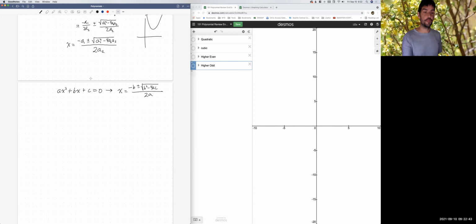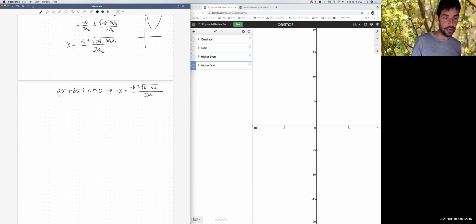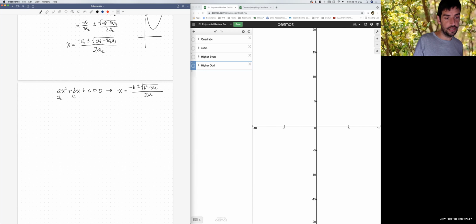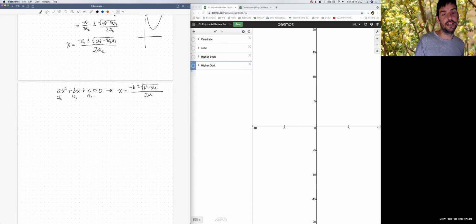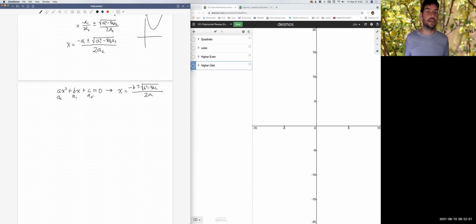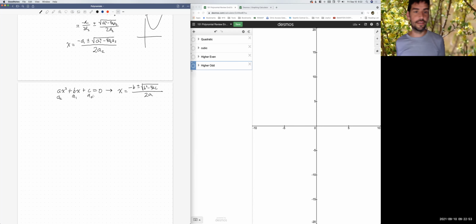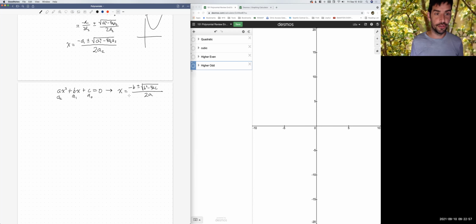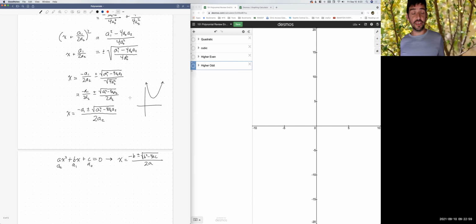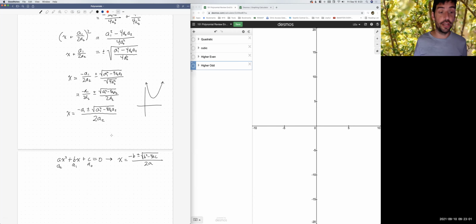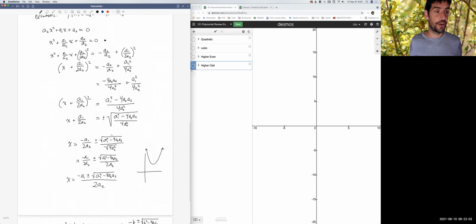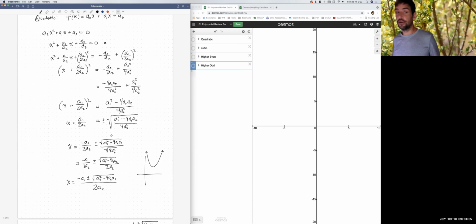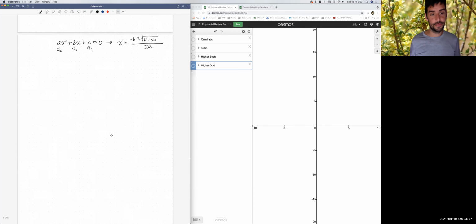Which is the same formula, just I'm calling a, a2, b, a1, and c, a0. Everything is in the same place there, just written with different labels. Okay, and so that gives us the solution, right? So we can always use this quadratic formula to find the zeros of our quadratics.